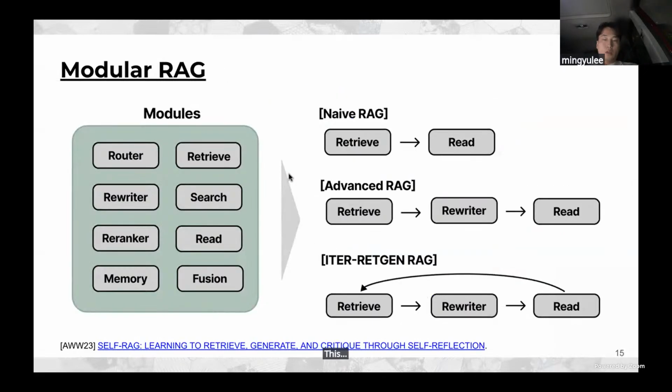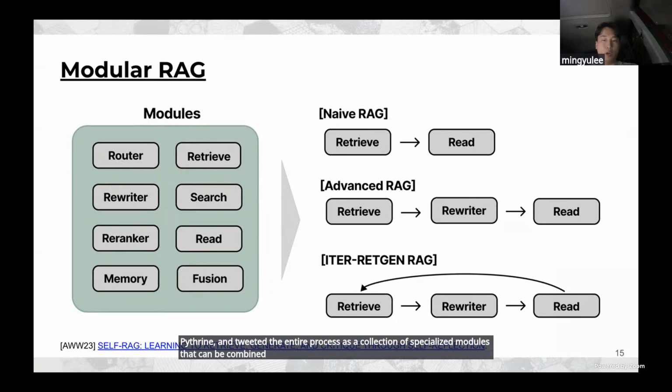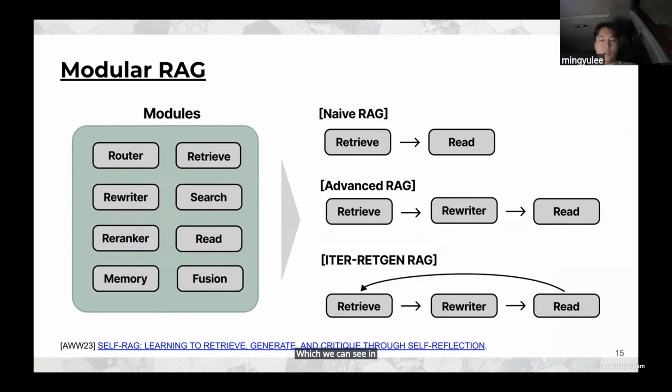This brings us to the final and most flexible paradigm, the last one: modular RAG. Modular RAG moves away from the fixed pipeline and treats the entire process as a collection of specialized modules that can be combined in various ways, which we can see on the right side. We have modules for searching, rewriting, retrieving, re-ranking, and routing.